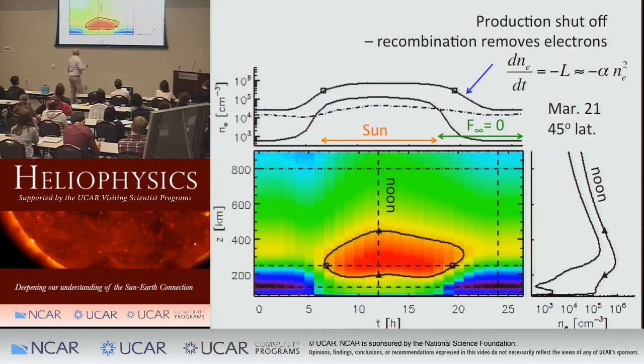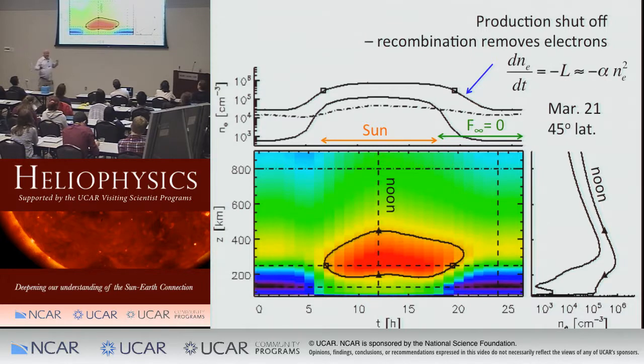So here, we have a plot. I actually made this one myself, but basically took a lot of data off the web. Now, instead of energy, what color is encoding is the number density of electrons. Here we have the hours in a day, starting from midnight to midnight again, 24 hours, and it goes on to 25. I took this data from March 21st at 45-degree latitude so that I could sort of do all the math very easily in my head. What's magical about March 21st?